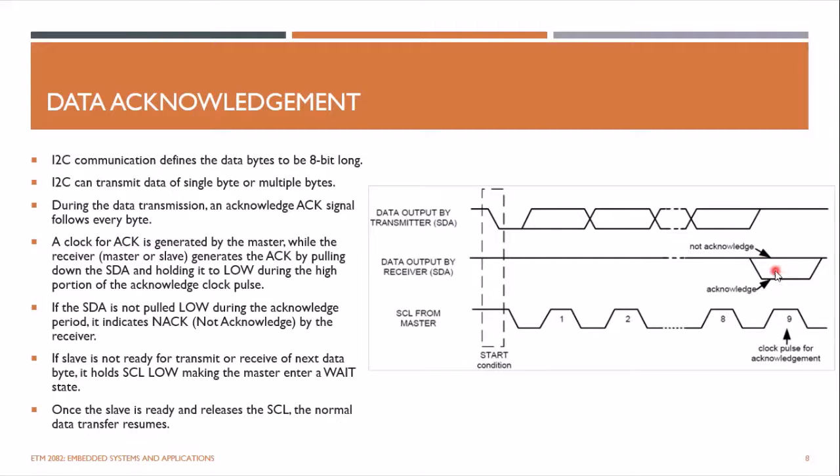If the slave does not pull the line down, it means there is some problem in the communication, which might be that the slave is busy with some other work, or the slave is not ready to transmit or receive data. So the master has to handle this kind of situation. If the acknowledgement bit is not received, the communication hasn't happened, right? So in that case, you can try again.